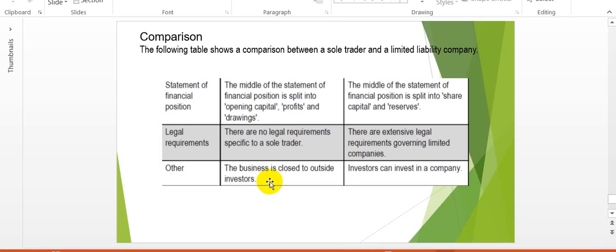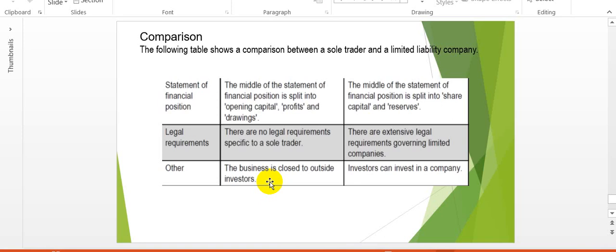Legal requirements, we've discussed this before. There are no legal requirements specific to a sole trader, but for the limited company, there are extensive legal requirements governing limited liability companies. They have to follow certain reporting guidelines which may not necessarily apply to a sole trader.